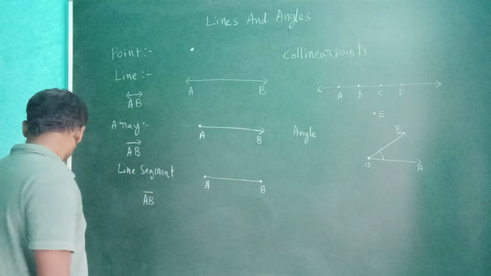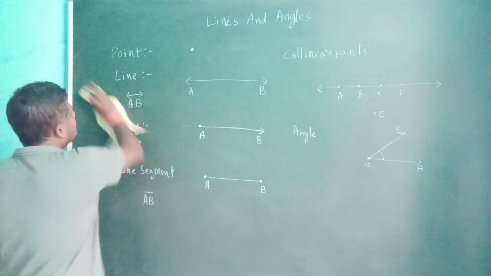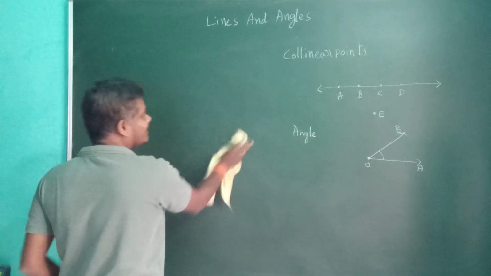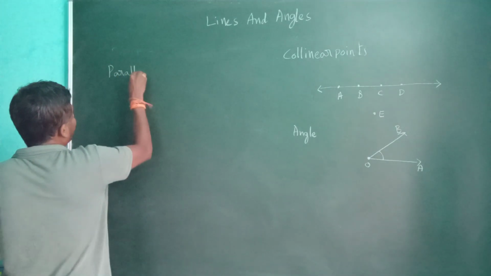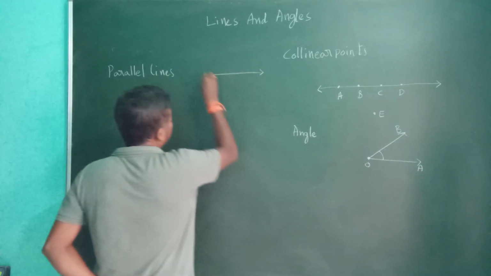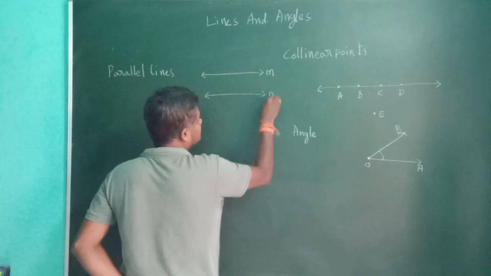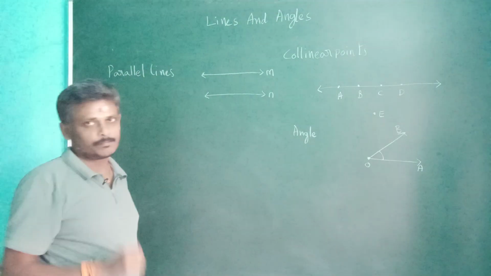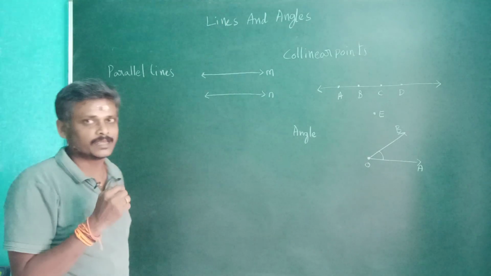Now, there are four kinds of lines that we will see here. First one is parallel lines. What are parallel lines? Let this be one line M and this another line N. We say these two lines are parallel if they have no intersecting point or common point and the perpendicular distance between these two lines always remains the same.